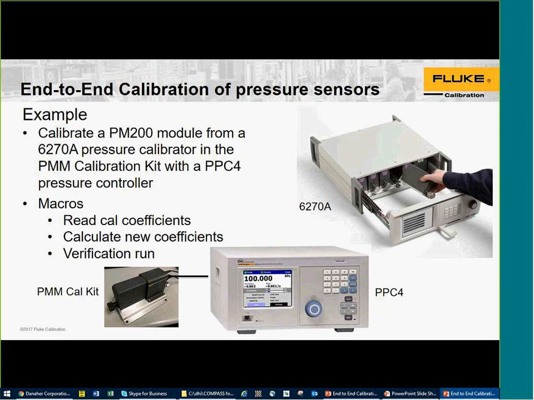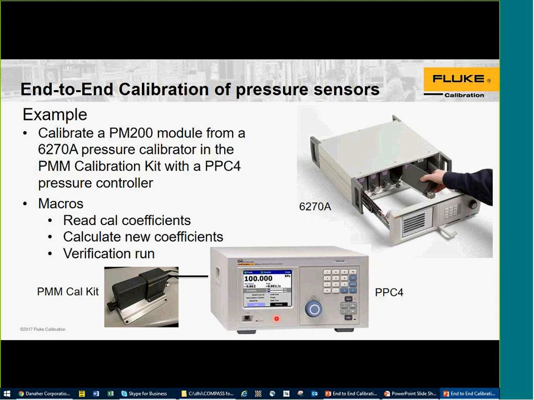Okay, so the example is going to be what we call a PM200 module, pressure measurement module, from our 6270A modular pressure controller and calibrator. These modules can be calibrated in the 6270A chassis, or you can take the module out and put it in what we call a PMM calibration kit. That has an RS-232 cable connection to a computer.